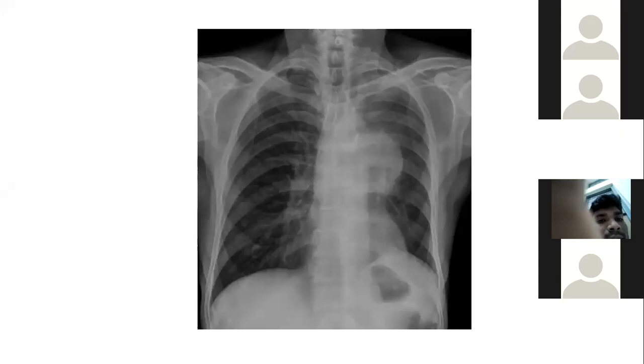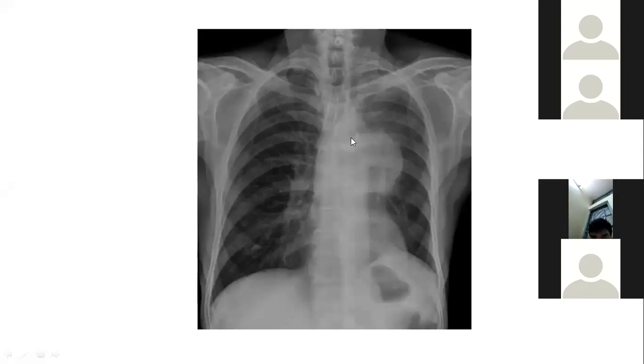Actually, if you see carefully, what is this line here? This is the para-aortic line. Okay, you can see that lucency here. This is the para-aortic line, which is formed because of the descending thoracic aorta overlapping on the lung parenchyma.